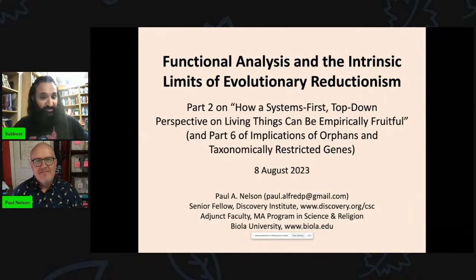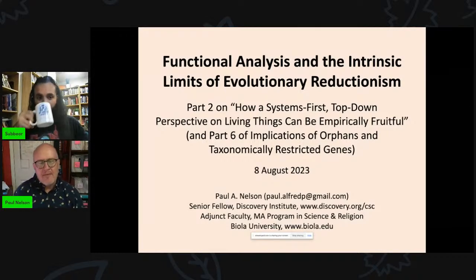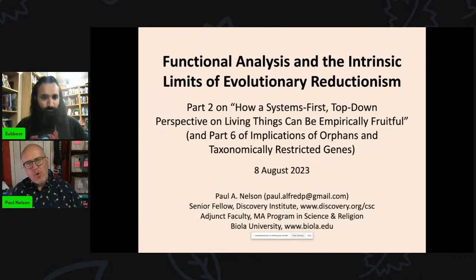Wonderful. So I am on a long journey towards the big finish of this series, which will bring us back to orphan and taxonomically restricted genes. But to do that, I needed to make a side trip into some philosophical analysis and some issues in evolutionary theory that will tie back into the relevance of orphan genes for biological understanding.